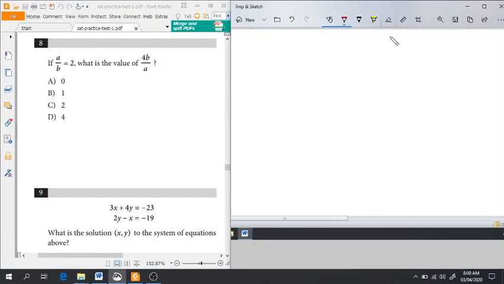If A by B is equal to 2, what is the value of 4B by A? When they're saying A by B value is 2, it's basically 2 over 1. I can just do the cross multiplication from this one, or we can say get rid of B from this side. So there are many ways. So A can be written as 2B now.